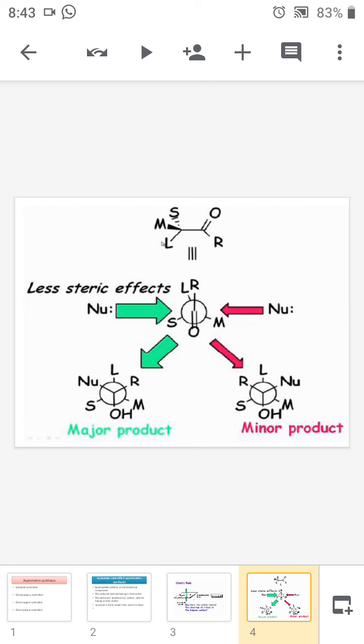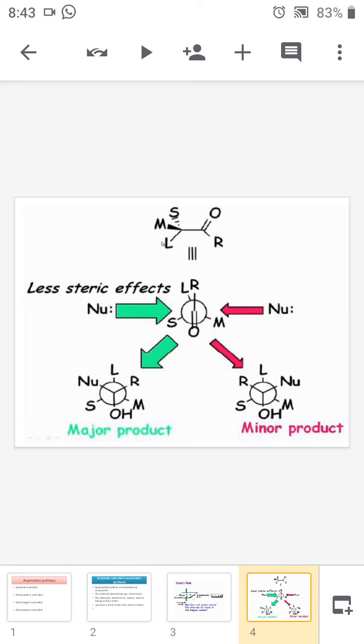the rule, there are two possibilities for the attack of the nucleophile to the carbonyl group, which are represented by the arrow marks. The one in red color is one possibility for the attack of the nucleophile to the carbonyl group, and the second one is represented by the green arrow. If you are following the red arrow direction, then the nucleophile will attack the carbonyl group in between the large and medium group.